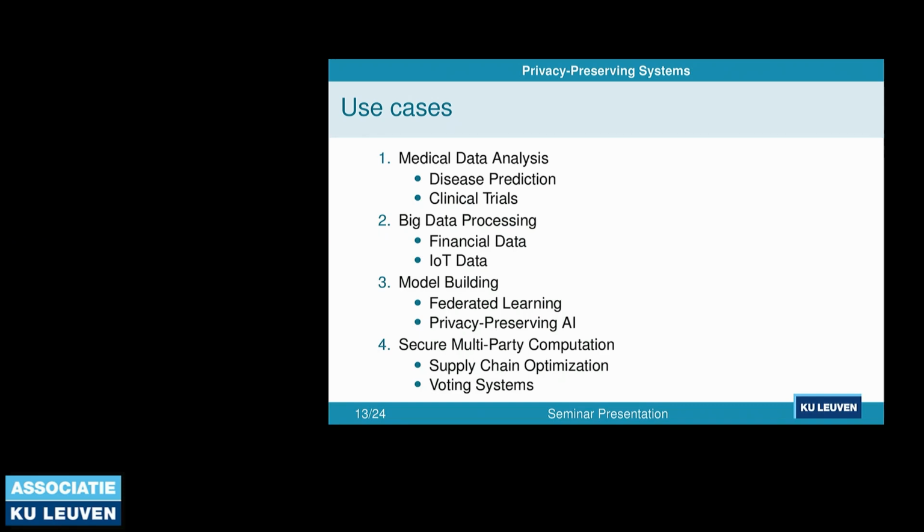Within big data processing, so financial data, IoT devices, meaning that everyone has a bit of available data that they want to process, but there's not one single entity who owns all of it, and maybe they don't want each other to know what they have themselves.